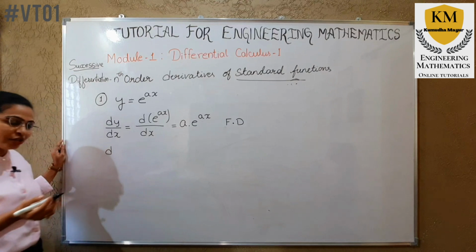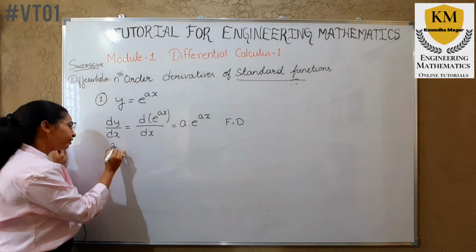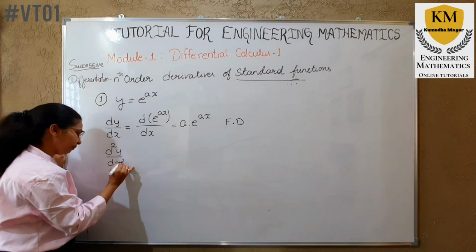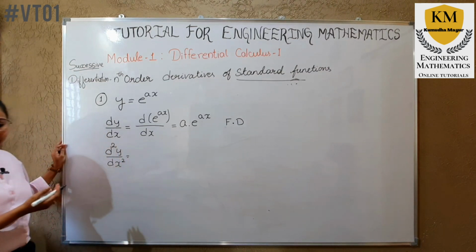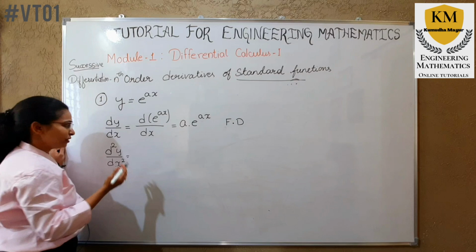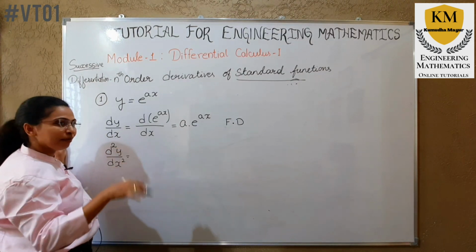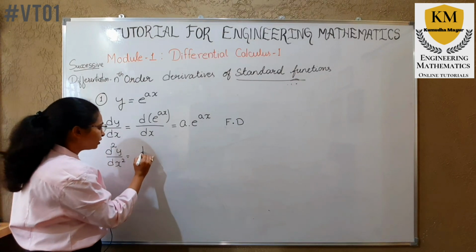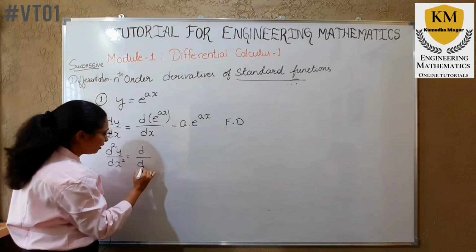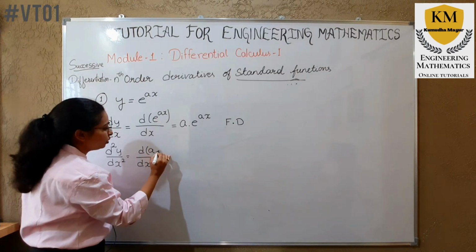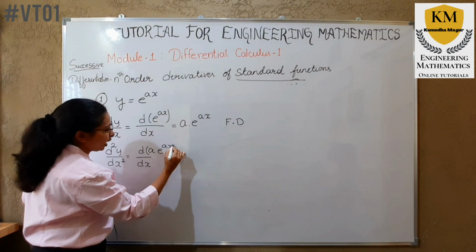I have already told you that the second derivative is nothing but d square y by dx square. This you have already learnt in either 10th standard or PUC classes. So this can be written as d by dx of again dy by dx. So this is d by dx of a into e to the power ax.